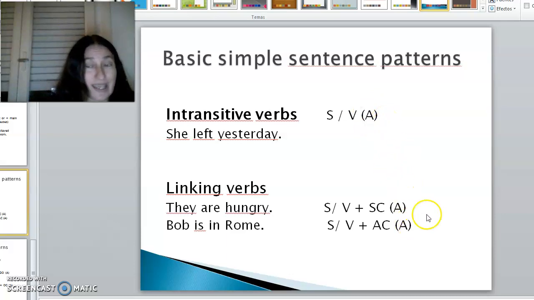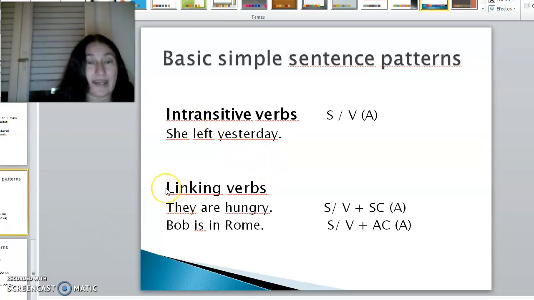You will see that in all cases, there is a possibility of adding an optional adverbial. The example I wrote here is, she left yesterday. I might have said she left. So the verb to leave, in this particular example, is used intransitively.